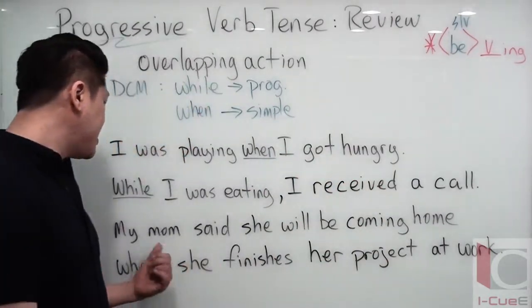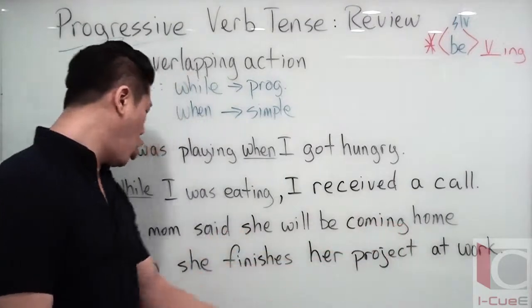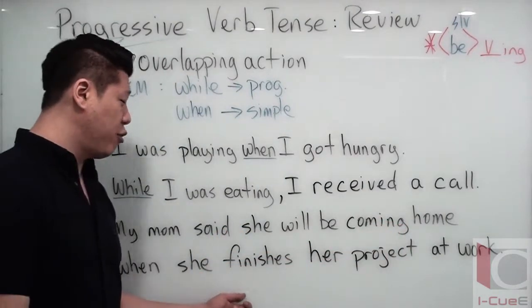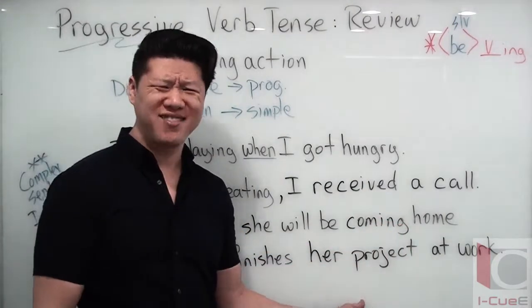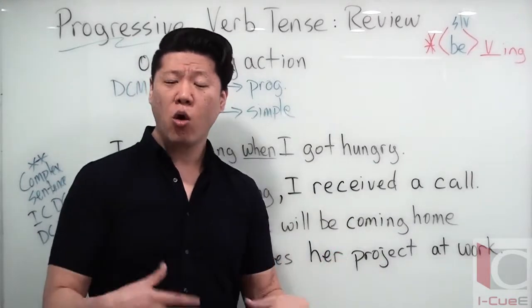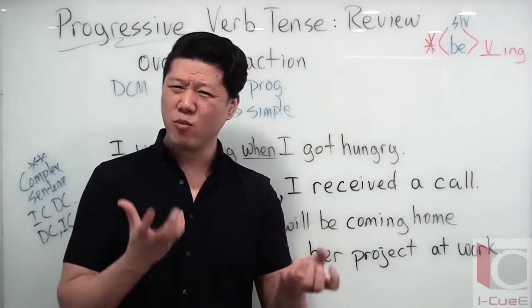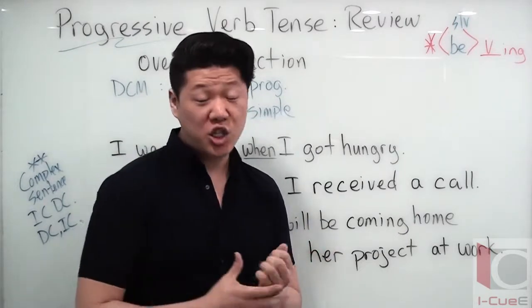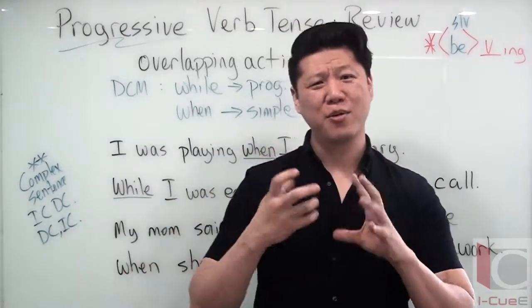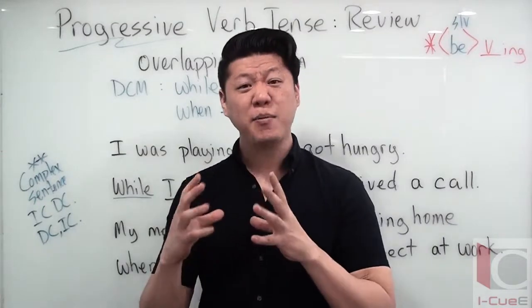So why can't I say my mom said she'll be coming home when she is or will be finishing her project? Future, or when she will finish her project, it doesn't work, okay? It should, but it doesn't because the grammar is confusing, the timeline is confusing.